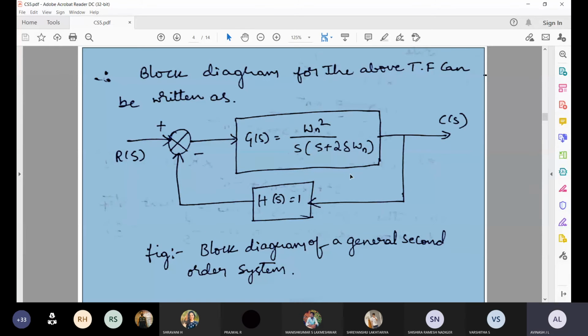Writing also will take another 5 minutes extra. So now take this particular block diagram, all of you.